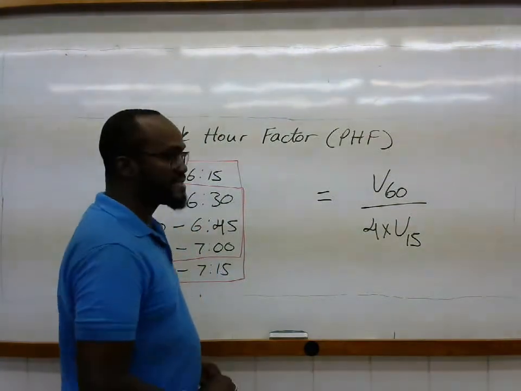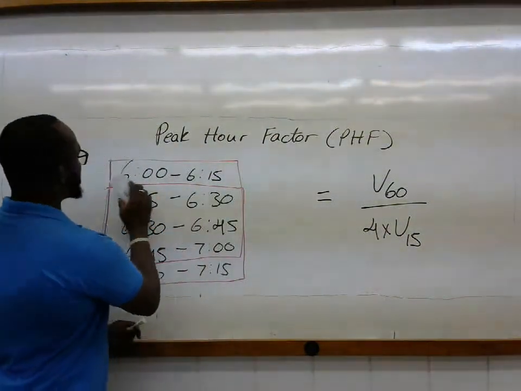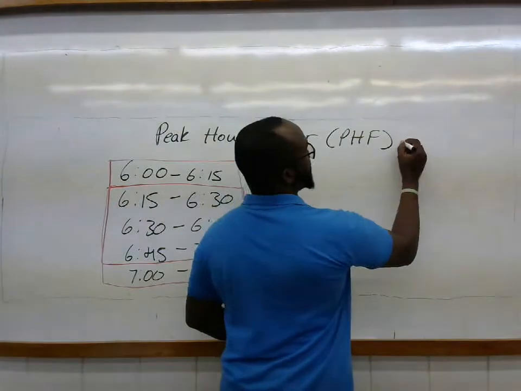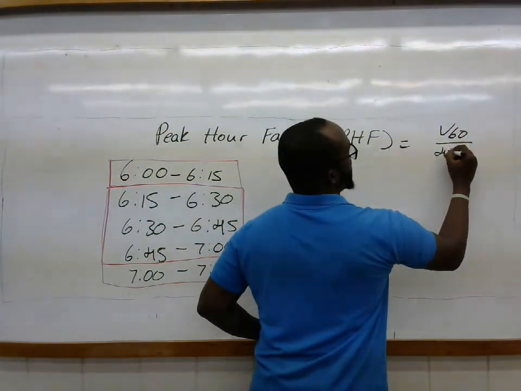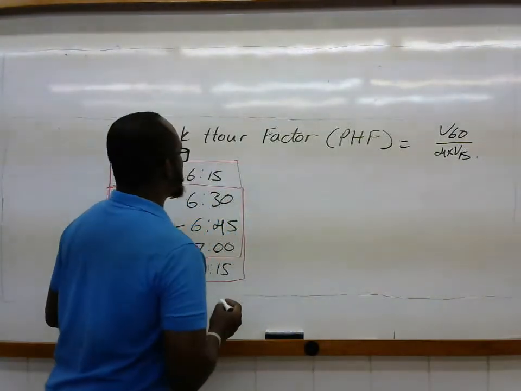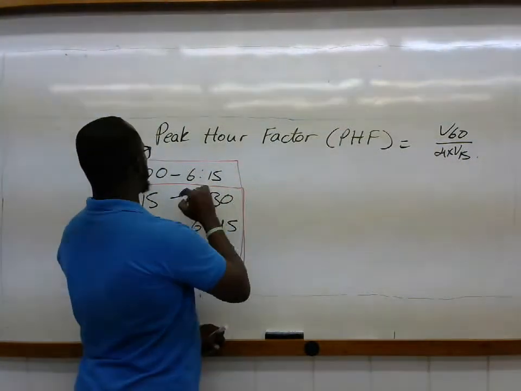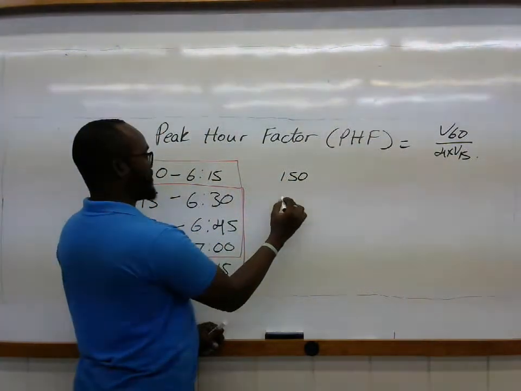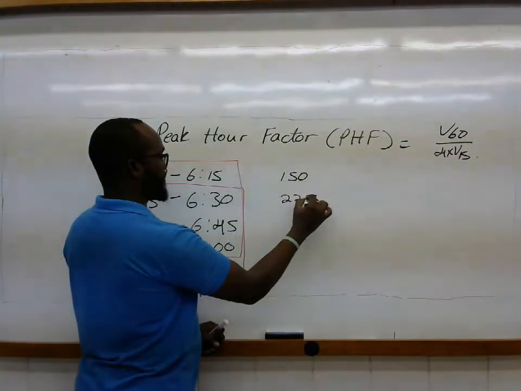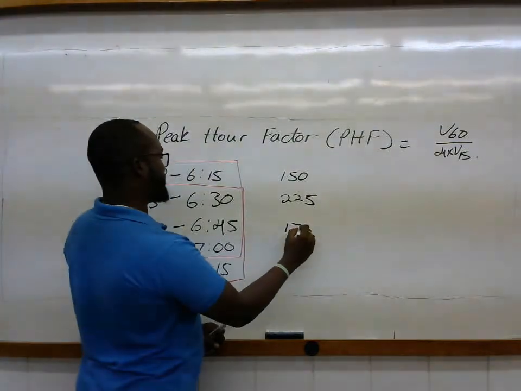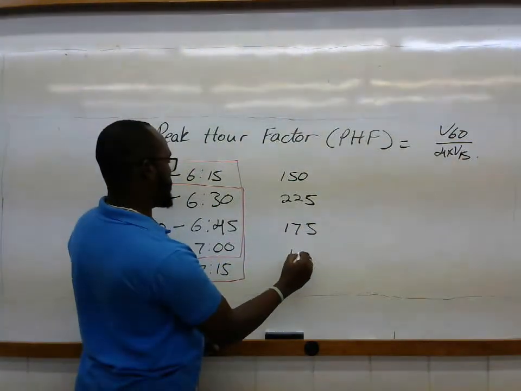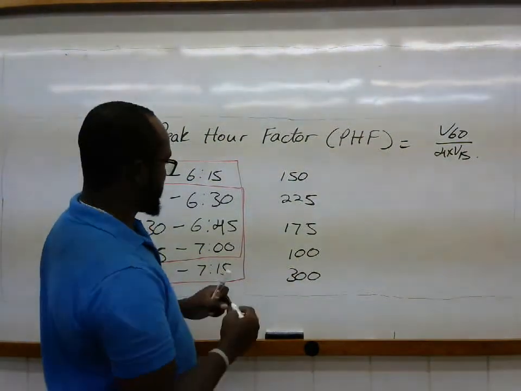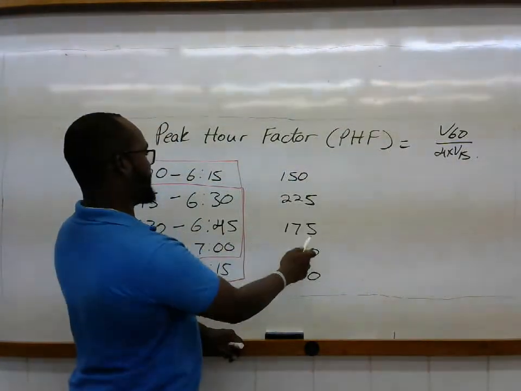So, let me do a little example just to explain. So let's say we had, in this 15-minute period, 150 vehicles, and we had 225, then we had 175, 100, and 300. Intuitively, 1, 2, 3, 4, 5, yes.